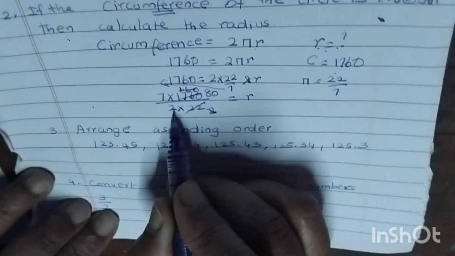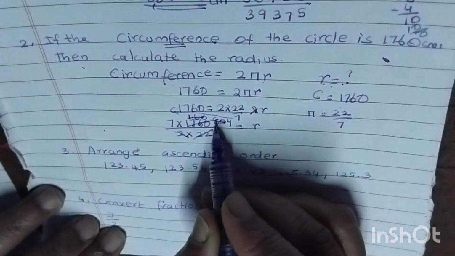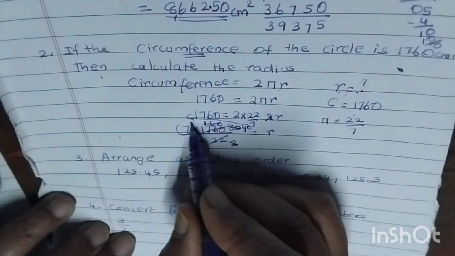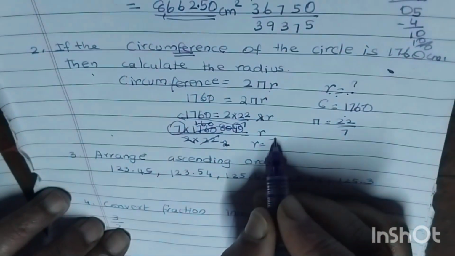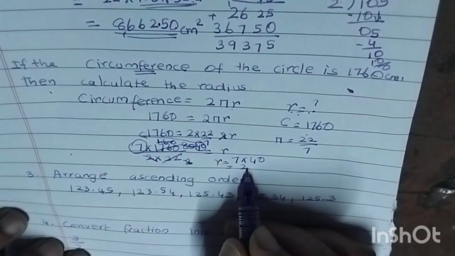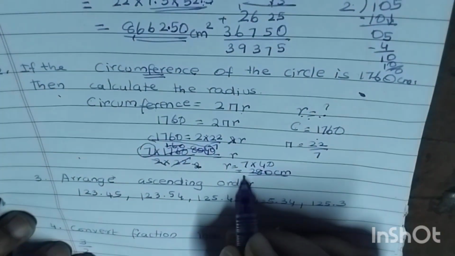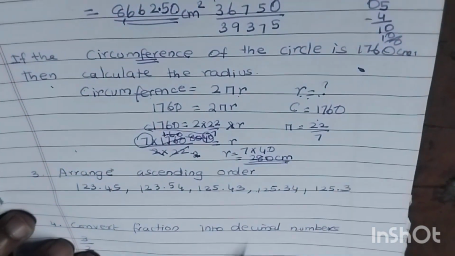Again you have one more 2, so when you cancel it will become 4 2s are 8 and another 0. So you have to multiply 7 and 40. So r is equal to 7 into 40, which is 7 4s are 28 and put the 0, that is 280 centimeters. So this is the radius. So r is equal to 280 centimeter.